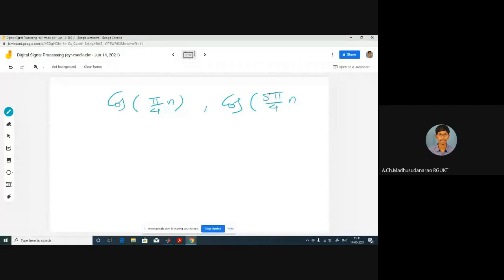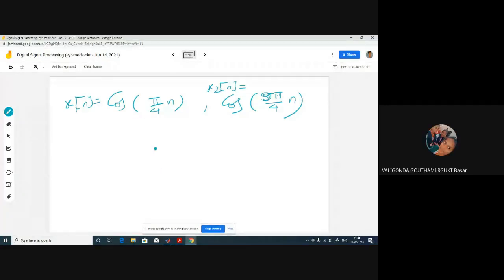What is the relation between cos pi by 4 n and cos 9 pi by 4 n? Let me call this digital signal x1 of n, and this digital signal x2 of n. Is there any relation between these?